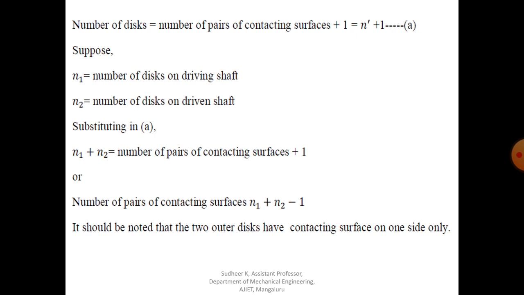There are one or two problems where we have to design a spring. The remaining are very easy problems. Here we have to find only the axial force and torque transmitting capacity. So that's about problems with respect to single plate clutch and multi-plate clutch. We'll discuss that in the next class. Thank you.